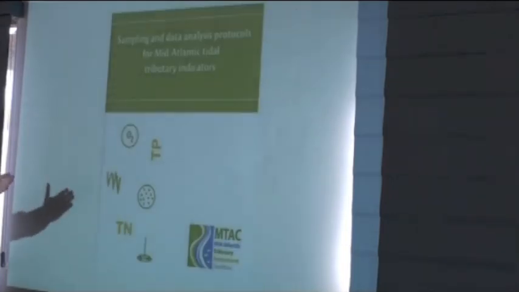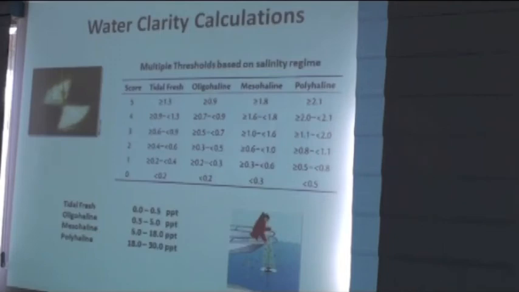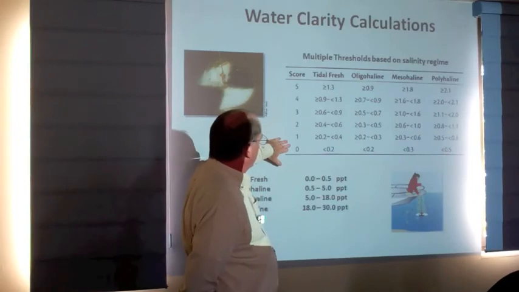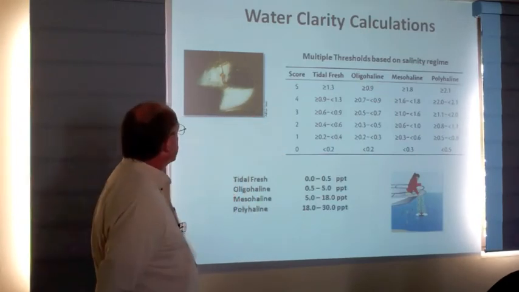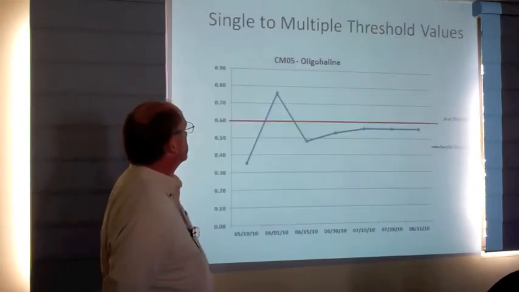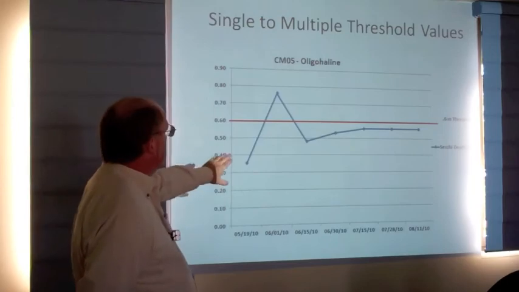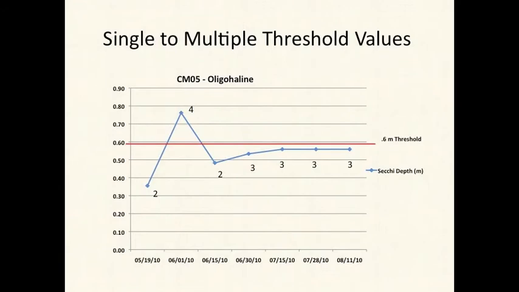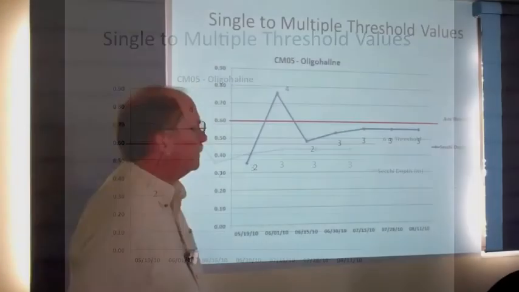If you might be familiar with this book, this takes us into the multiple threshold scoring. Again, the multiple threshold scoring using salinity regime assigns a score. I added this in here just to give you where those breakdowns are. Again, using the metric, what happens is we assign scores to each of those data points, so that these now have a score reflected that gives us a better picture of the actual condition of the water.